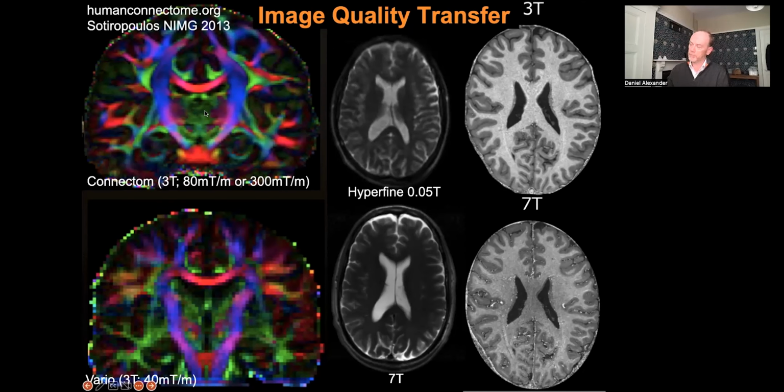So it allows us to get, first of all, higher resolution. This is a Connectom scanner image. This is a corresponding image from a standard hospital scanner, at least at the time. This was a while ago now. You can see that there's a quantum leap in image resolution, but there also is in contrast, less easy to appreciate on the slide.